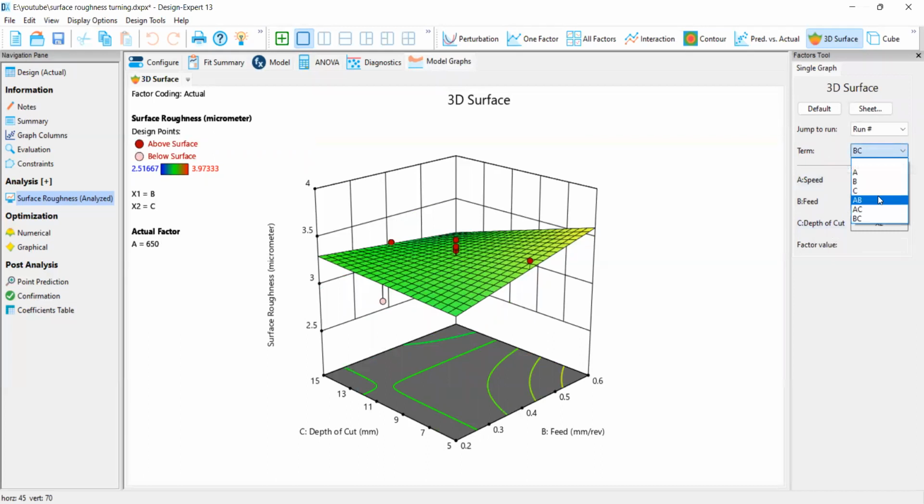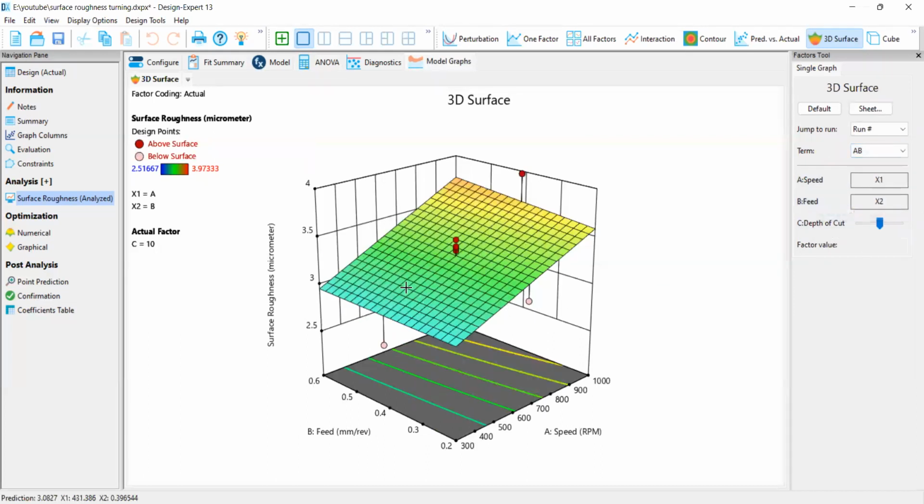Starting with speed and feed. Here you can see that it shows a linear relationship between the speed and the surface roughness as well as feed and surface roughness, because this is a two-factor interaction model. For a two-factor interaction model or linear model, we will generally obtain a linear graph.